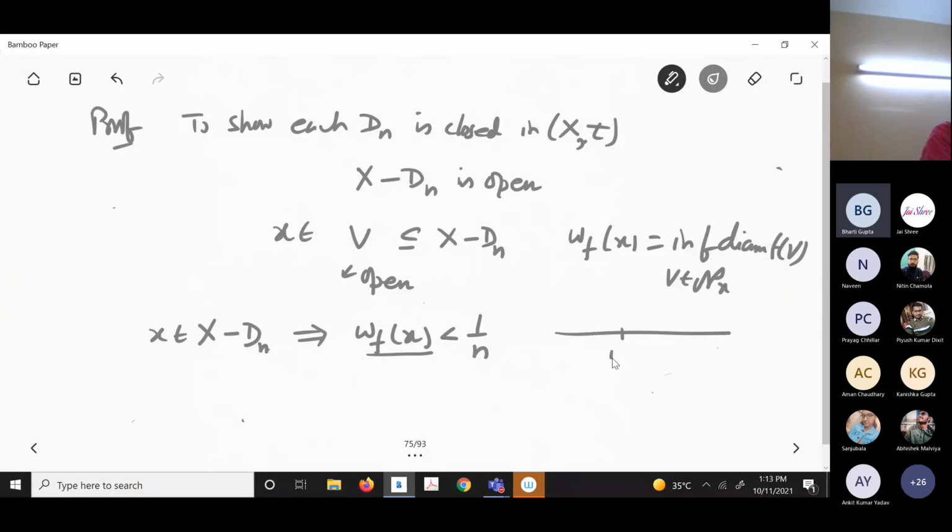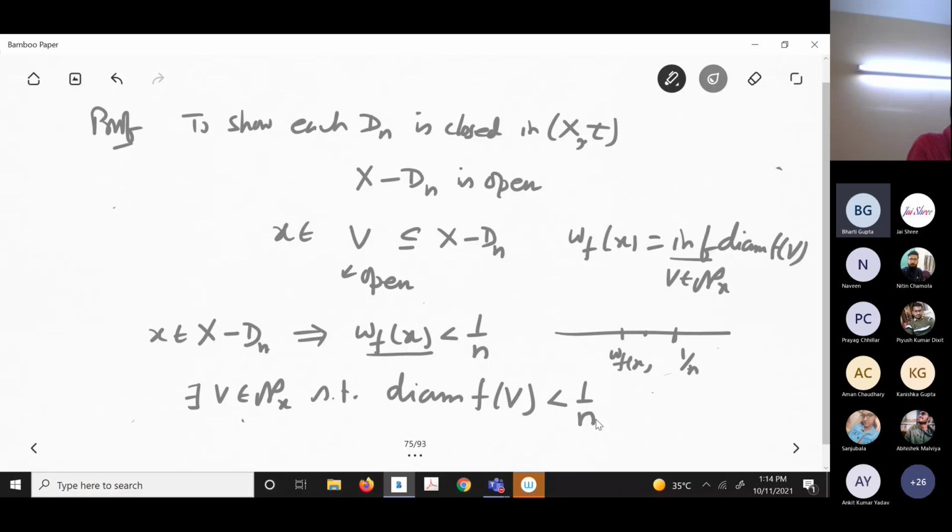So here you have omega F(x), and here is 1/n. So you will get a neighborhood of x such that the diameter of F(V) is less than 1/n. By the definition of this infimum, there exists a neighborhood V of x such that the diameter of F(V) is less than 1/n. Got it?